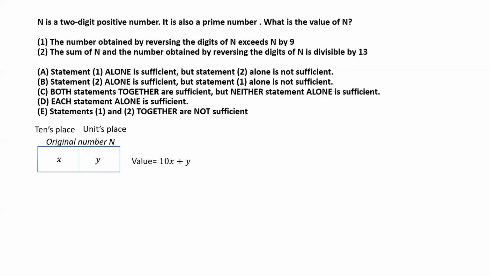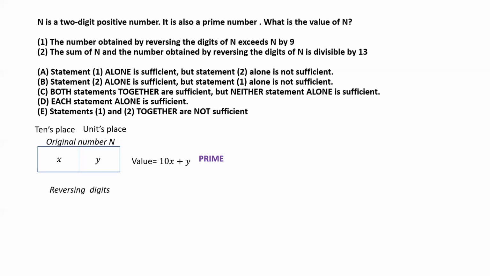So we are given that this number is prime, and we know that there are many two-digit prime numbers. So this alone, of course, doesn't specify what's the value of n, but it's a condition that we have to keep in mind, that this number has to be prime. What happens when we reverse the digits of the number?